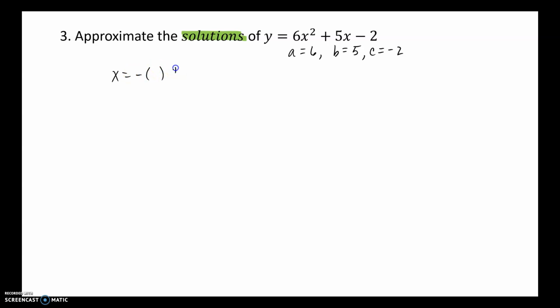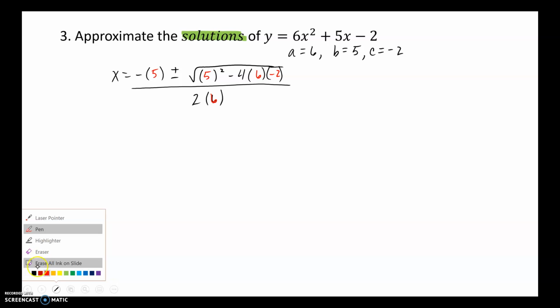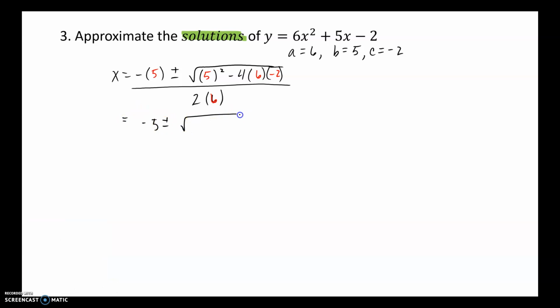Opposite of b, plus or minus the square root, b squared minus 4a times c, all divided by 2a. Okay, opposite of b, b squared, 4ac, all over 2a. 25 here.